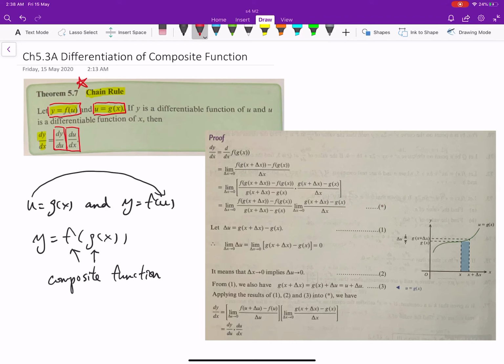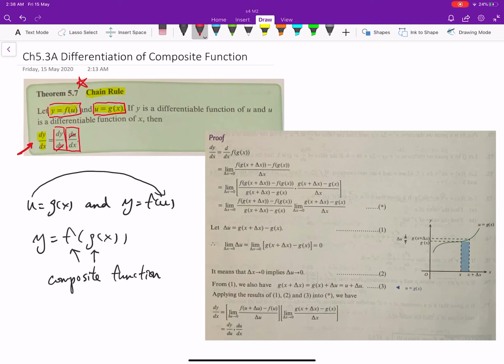And how to remember this formula? Actually, one very important method is you treat it as a fraction. So for dy/dx, the right hand side becomes dy/du and du/dx. So these two cancel with each other, and you get back dy/dx. So this is a very powerful method for you to remember.